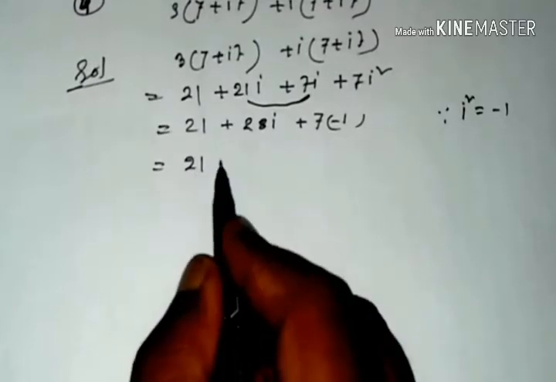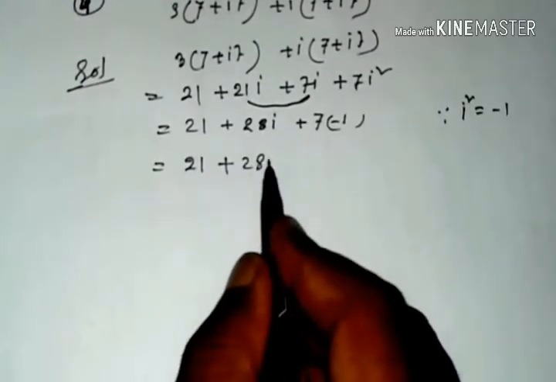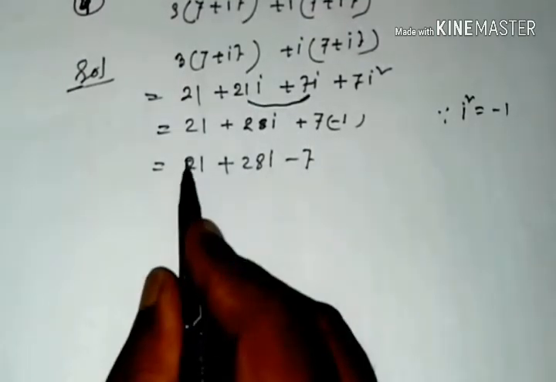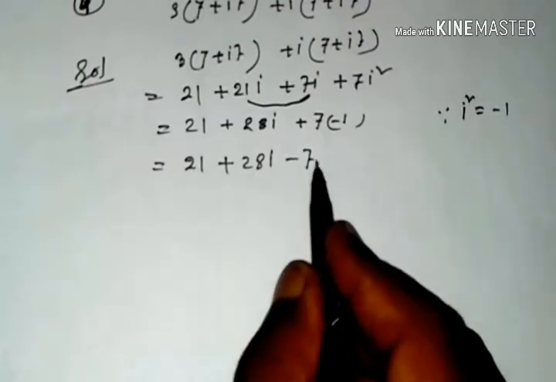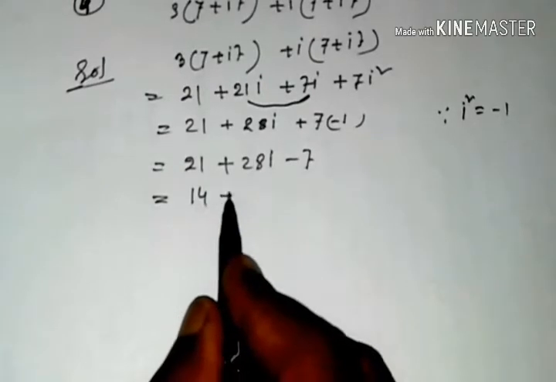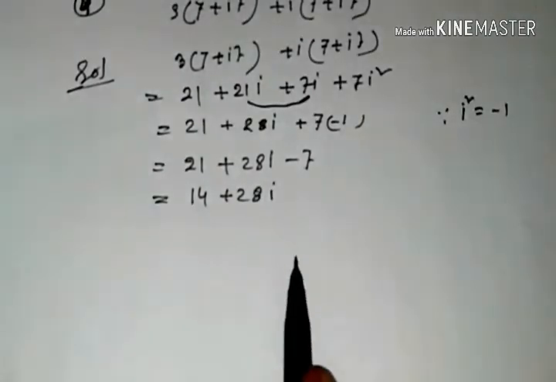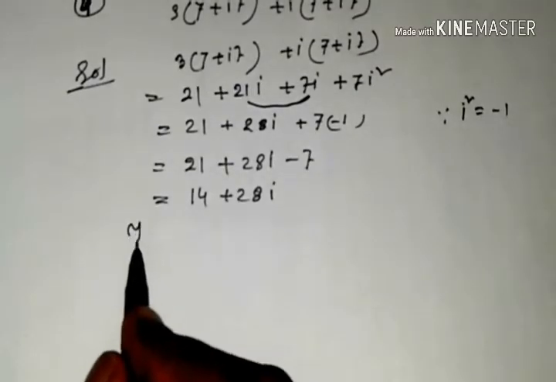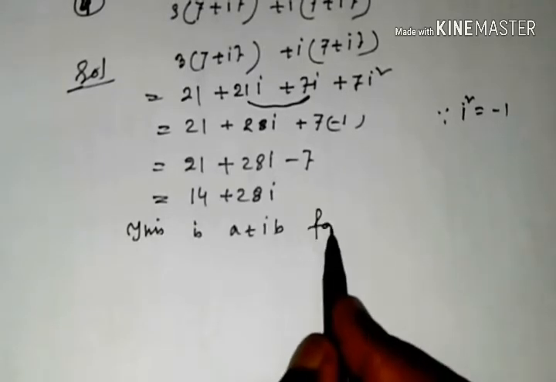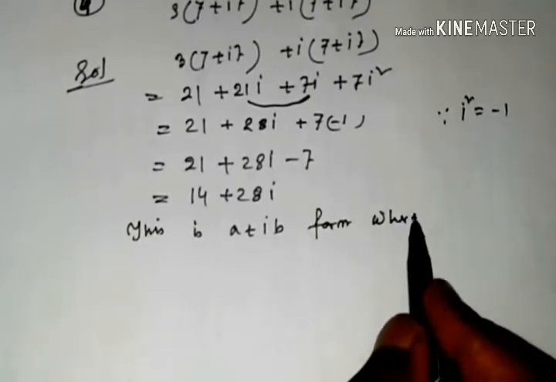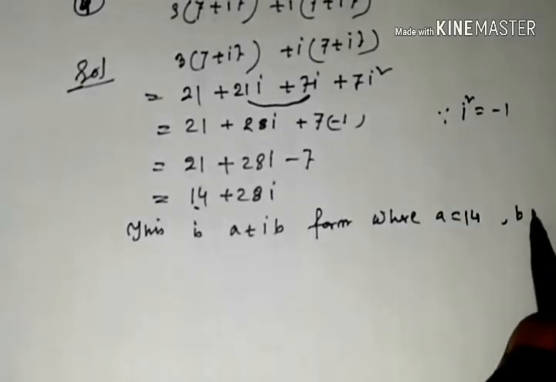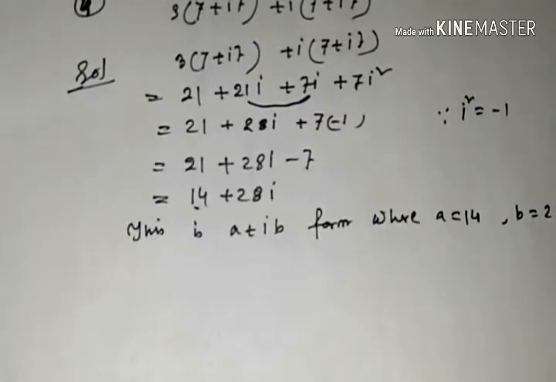Therefore it is 21 plus 28i minus 7. This is real, this is real, so 21 minus 7 is 14, plus 28i. This is A plus iB form, where A is equal to 14 and B is equal to 28.